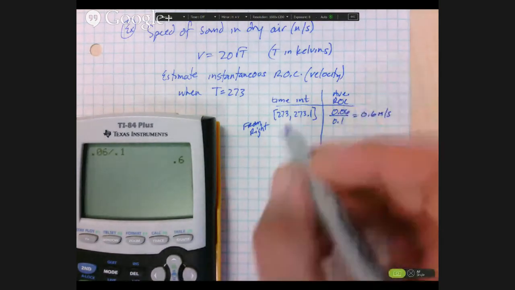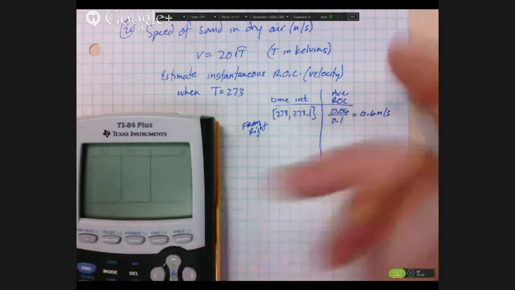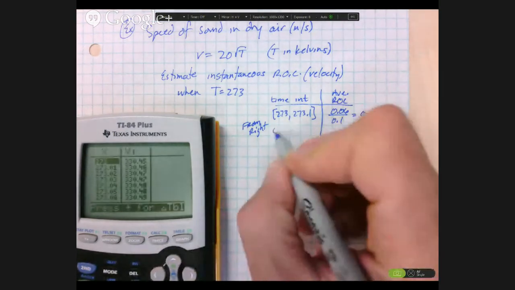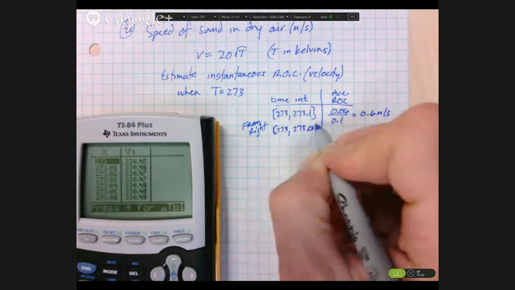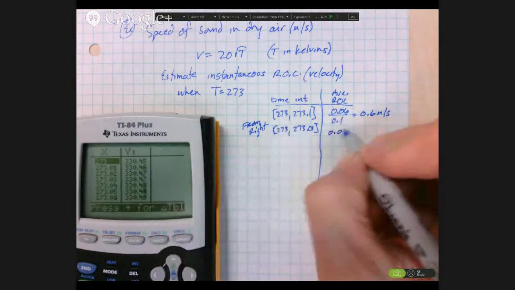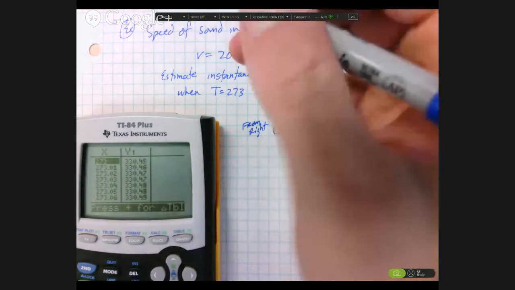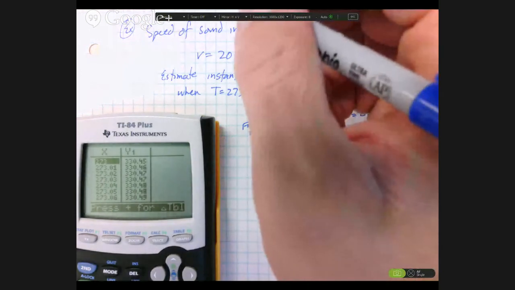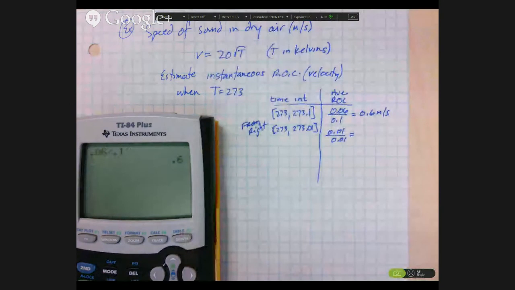Now you can get more precise, so if we set our table again to 0.01, it calculates it for you. We see our difference is only 0.01. Should be 1.